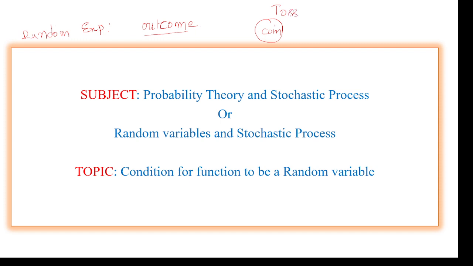Just as an assumption, if you toss a coin, we don't know what the outcome is. Either head will come or tail will come. That's why an experiment whose outcome we don't know before completing it is called a random experiment.